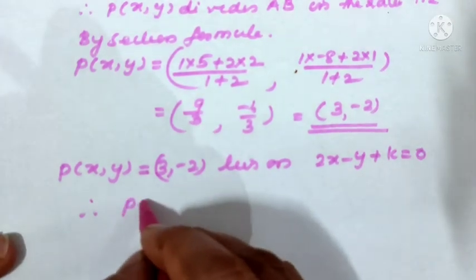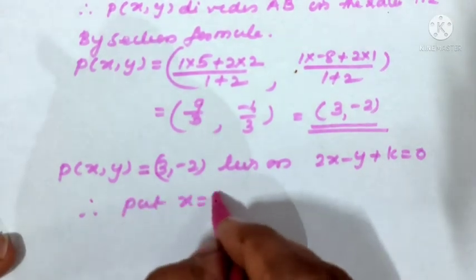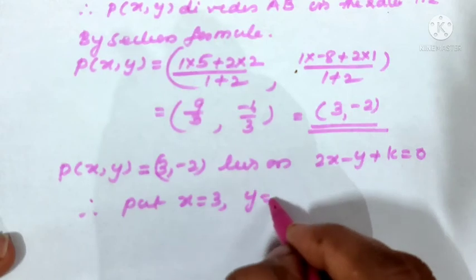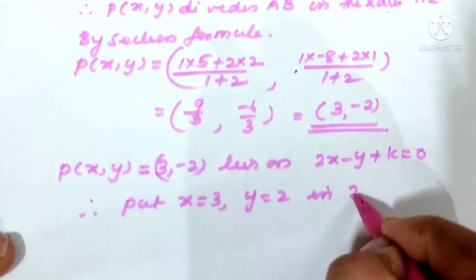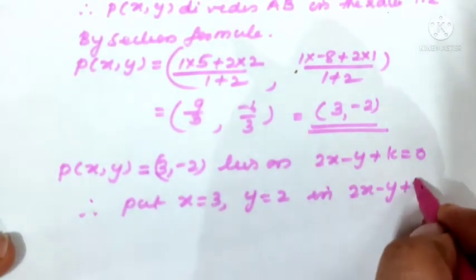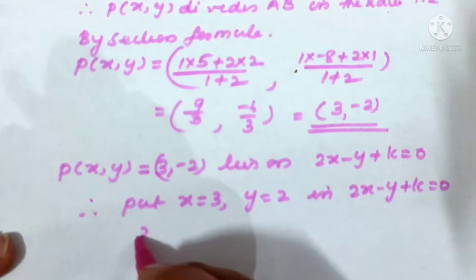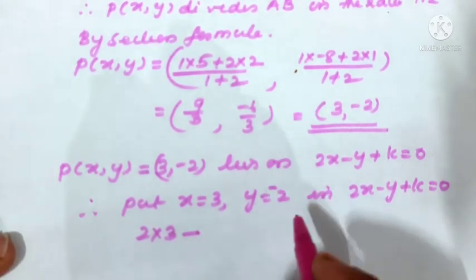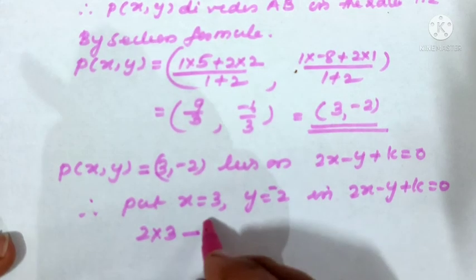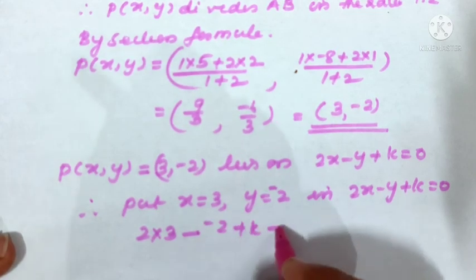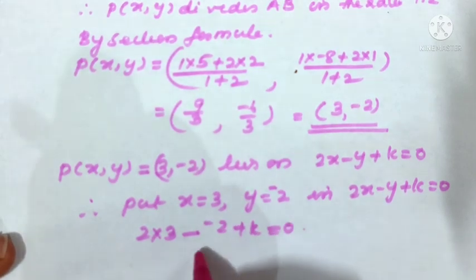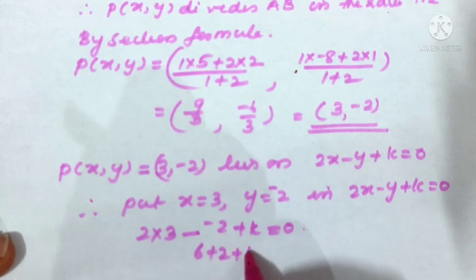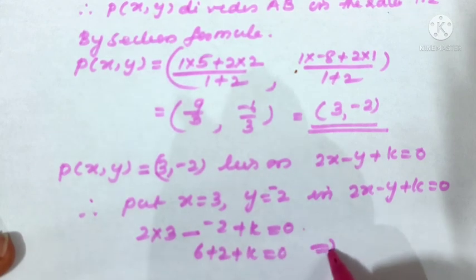Therefore put x equal to 3 and y equal to -2 in 2x minus y plus k equals 0. So 2 into 3 minus of -2, so 6 plus 2 plus k equals 0, which implies k equals -8.